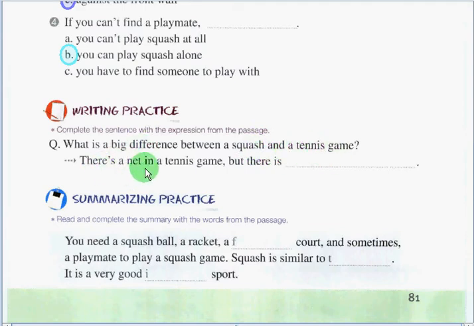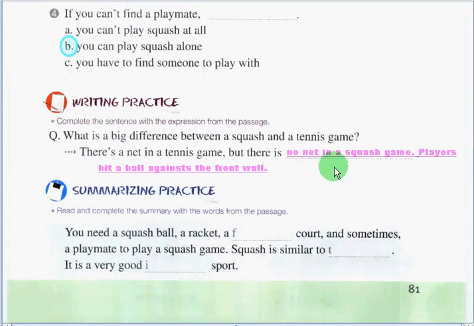There's a net in a tennis game, but there is blank. What is the answer here? The answer is no net in a squash game. Players hit a ball against the front wall.